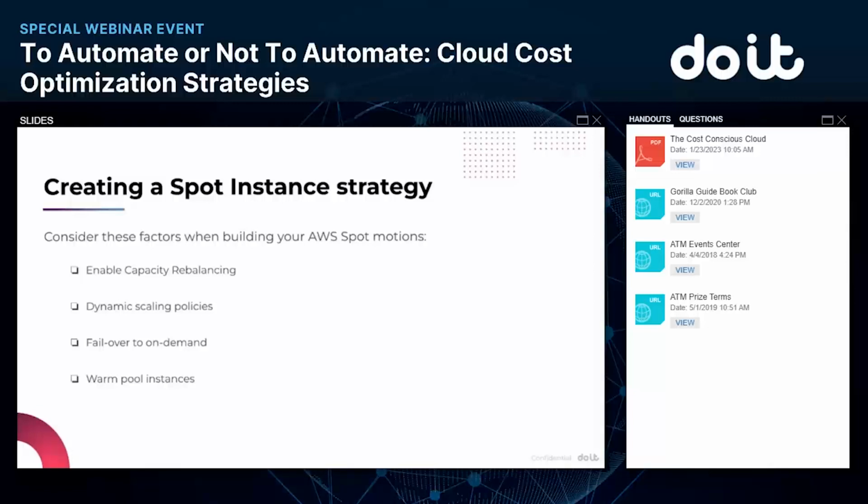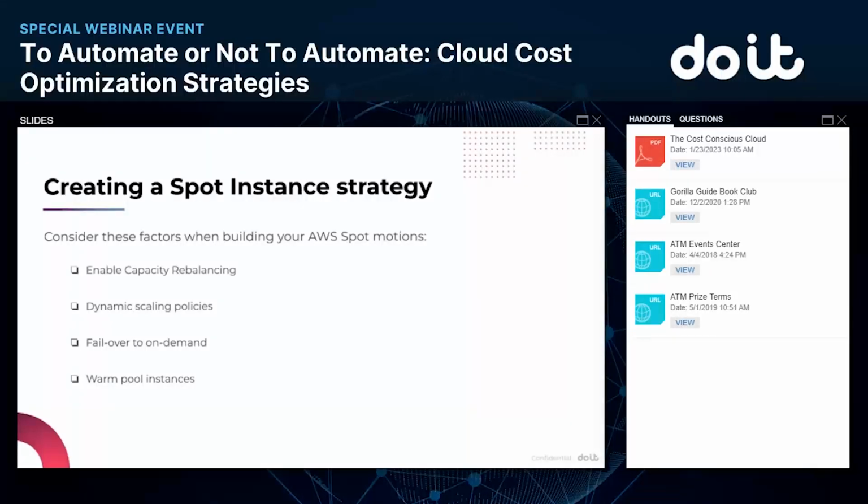The capacity rebalancing option means the autoscaling group will automatically recreate a spot instance when one is terminated. This way, you'll ensure your desired capacity of EC2 instances with Spot.